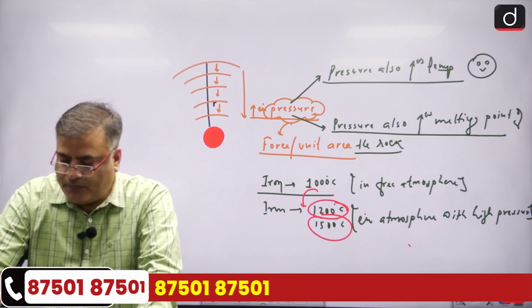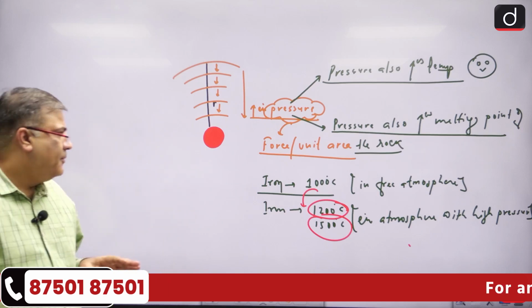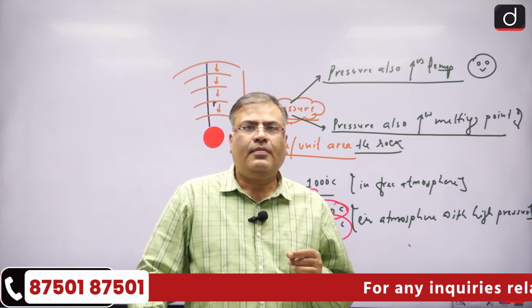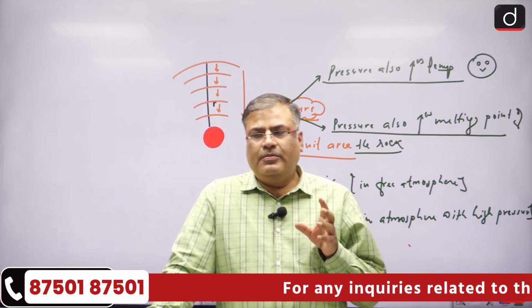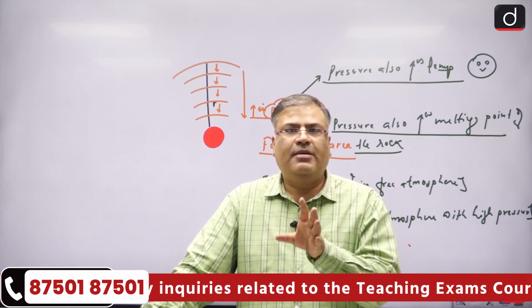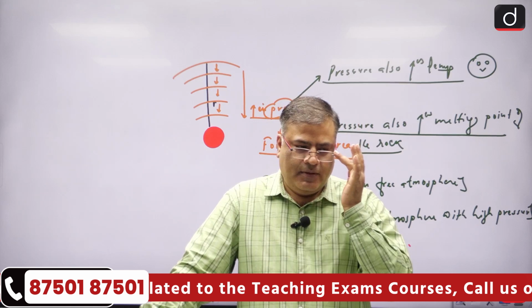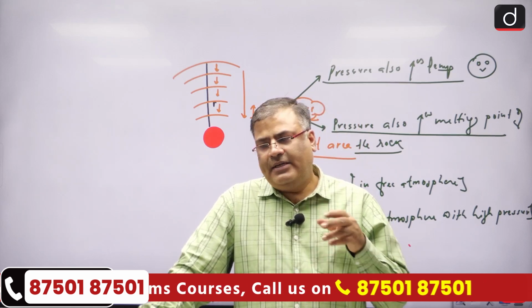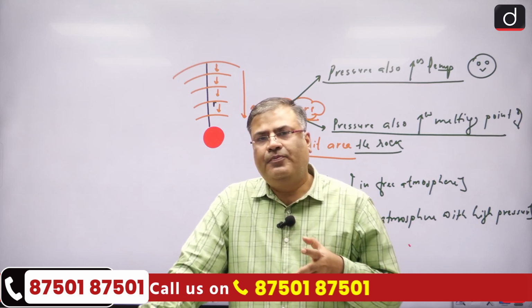Is it clear? But here there is one more catch. Now it says that with increasing depth, pressure increases, that increases the melting point. Agreed. Beautifully agreed. And it is giving a very good insight also.